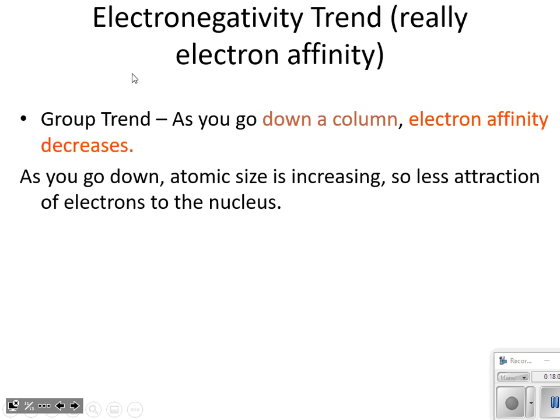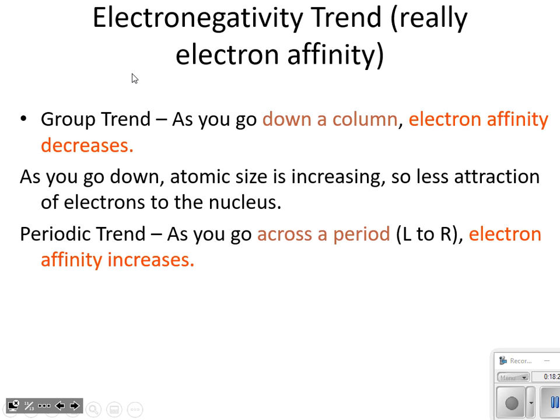Atomic size is increasing, so less attraction of electrons to the nucleus. So it will decrease the electronegativity. As you go across the period from left to right, we said that the electron affinity will increase because we will want to attract electrons.